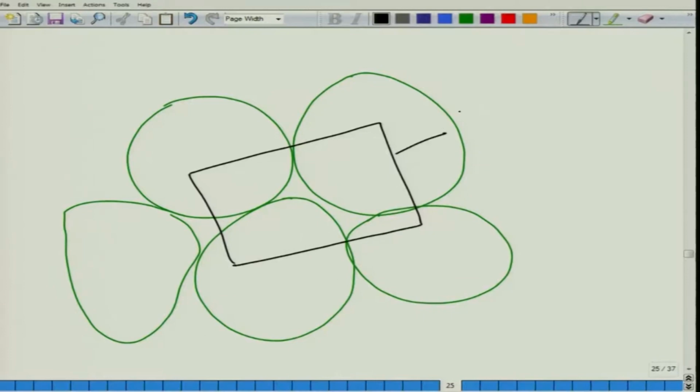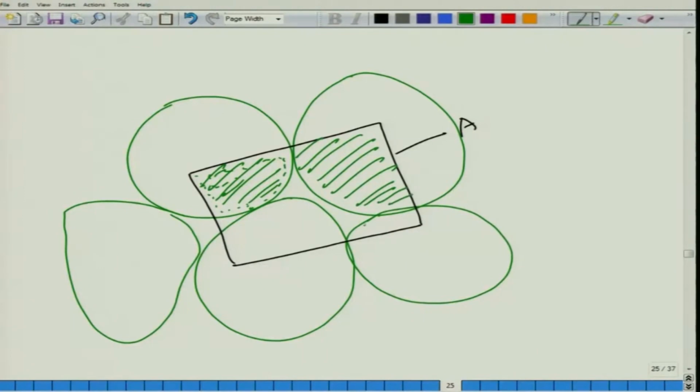The area of your sample is, suppose, capital A. The area of the sample that is occupied by the canopies is given by this area plus this area plus this area plus this area. Let us call them small a1, a2, a3 and a4.